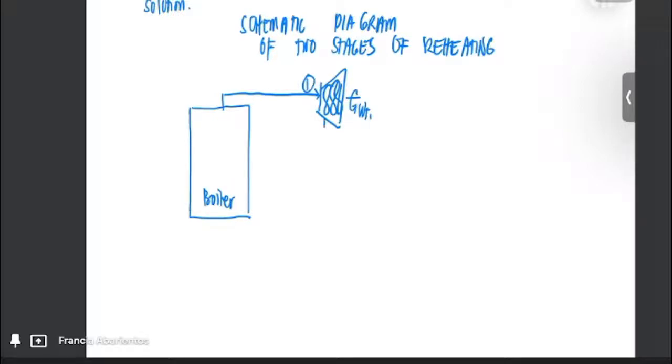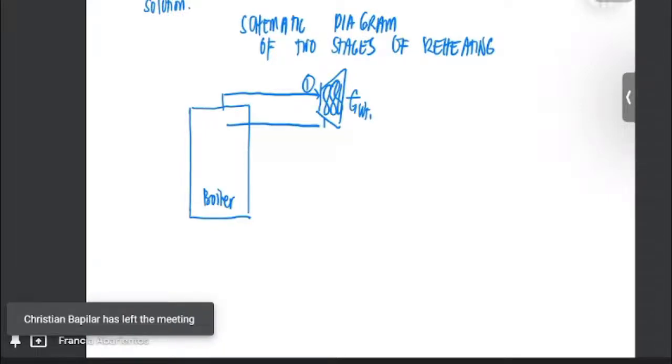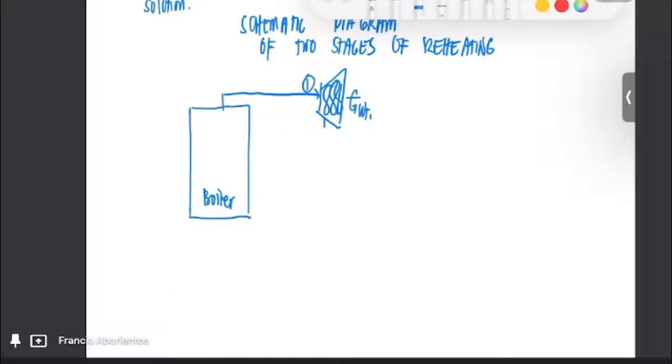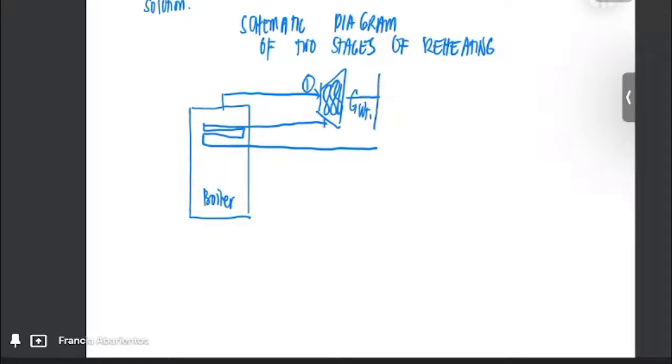Entering the steam, leaving, we have now the first reheater. Okay, first stage of that, nag-reheat ka na. Pangalawang turbina, we have now the second turbine entering.